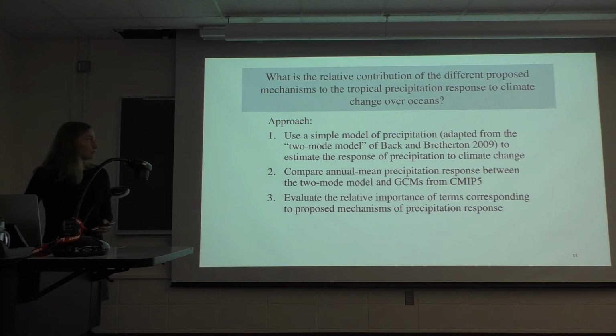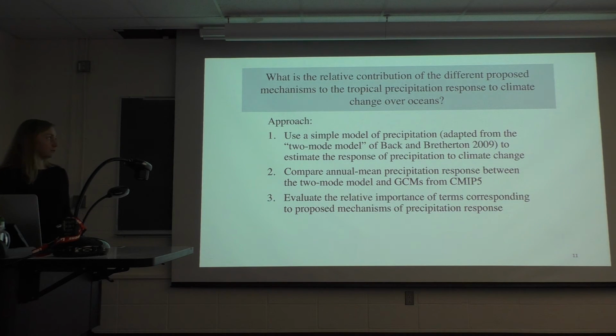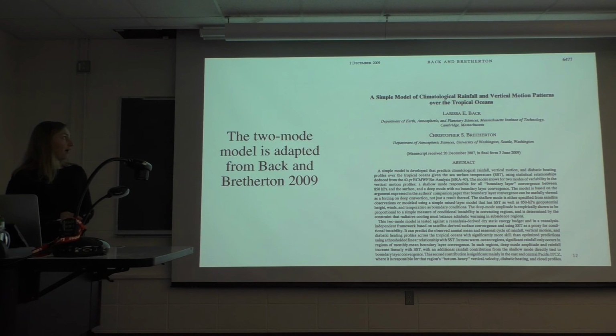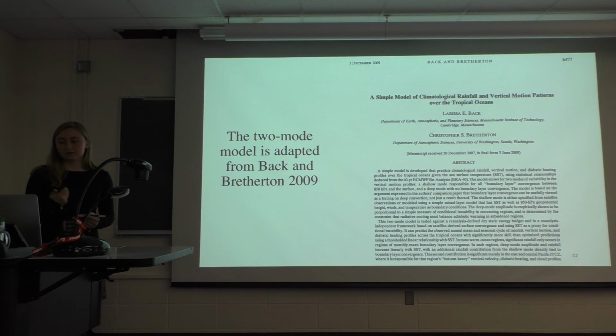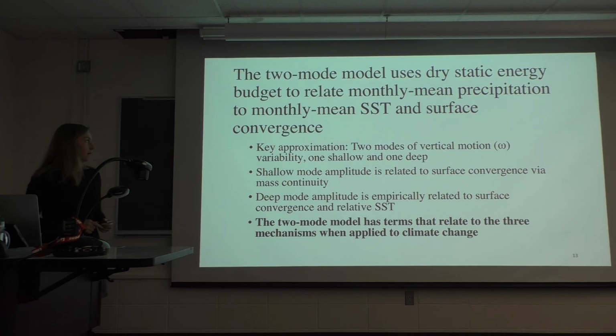So I'm going to start by introducing this two-mode model. Some of you are probably familiar with this. This is the paper that derived the two-mode model. It was derived for the control climate, and we're applying it to climate change here. So here's an overview of the model and why it's useful for this work. It's a two-mode model. It starts with the dry static energy budget, and then it relates monthly mean precipitation to monthly mean SST and monthly mean surface convergence.